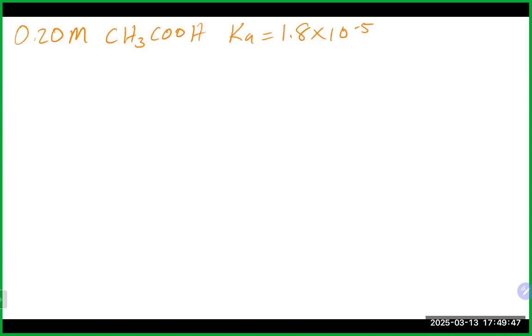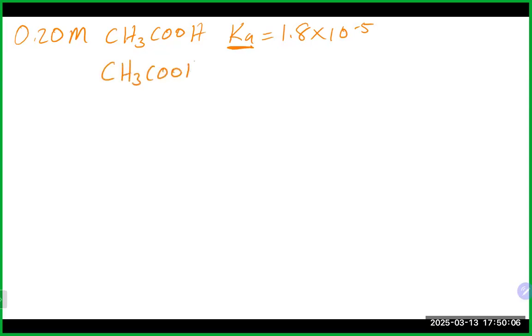So in this case, for part A, we're looking for the pH of acetic acid. Once again, we know it's a weak acid because it does have a Ka value. So as we've been talking about, that means it should set up in equilibrium, and that means we should be doing some ICE tables. So again, we'll do our reaction here.